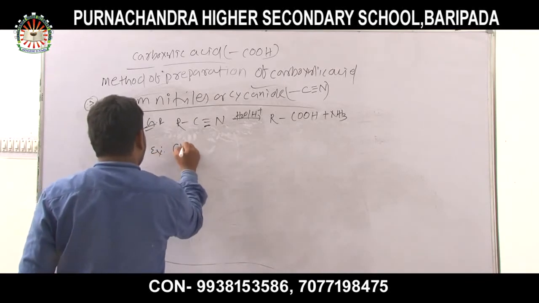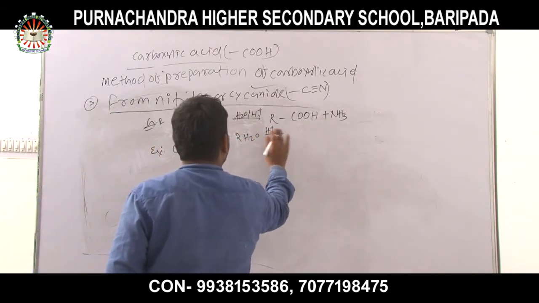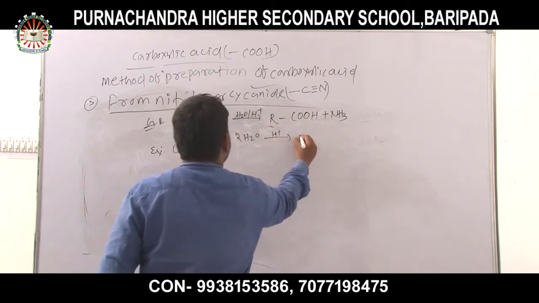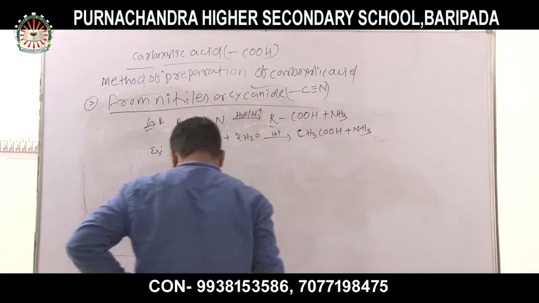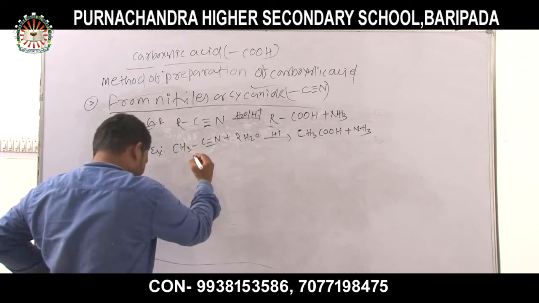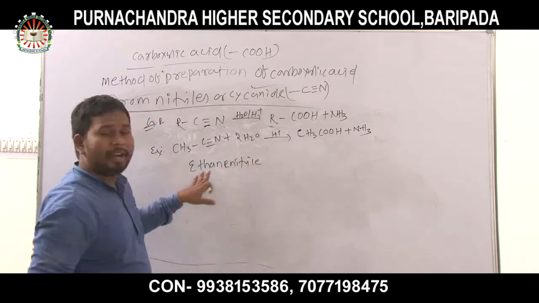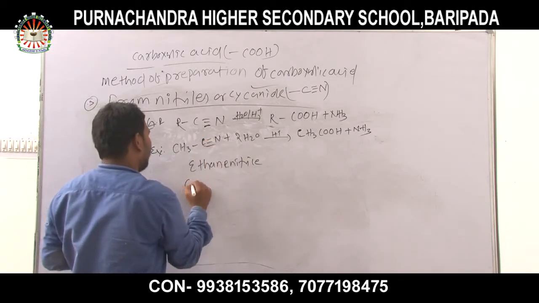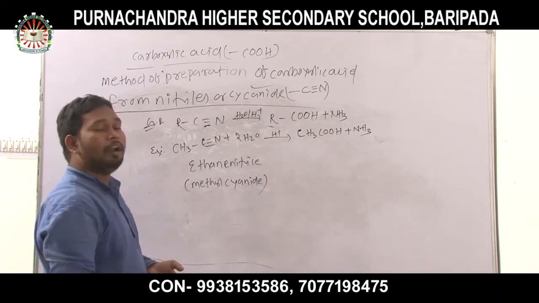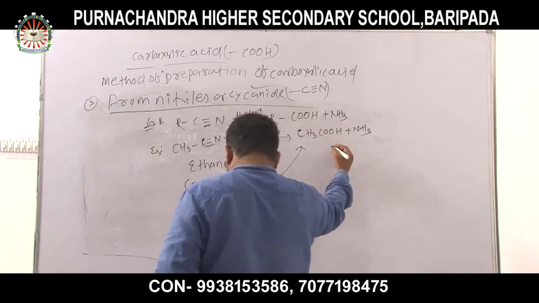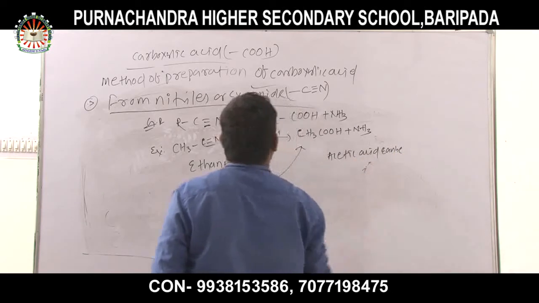Its example is: when ethane nitrile, also called methyl cyanide, undergoes hydrolysis, then acetic acid can be formed.